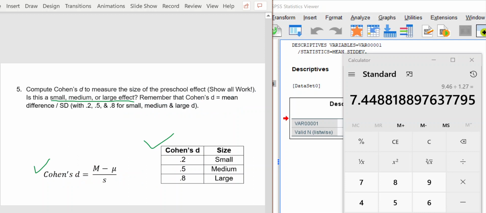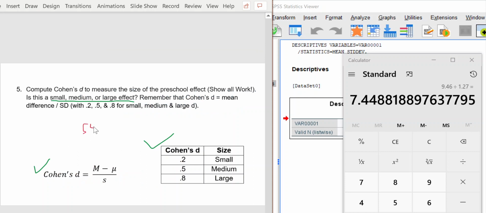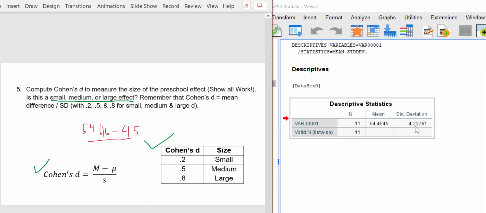Cohen's d. We have all the information here. We just plug this into the formula: 54.46 minus 45, divided by the standard deviation, which in this case is 4.2276.